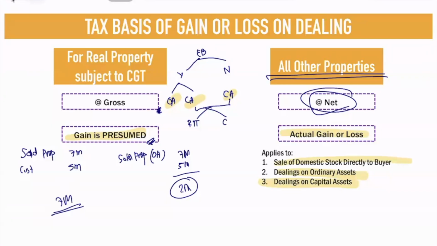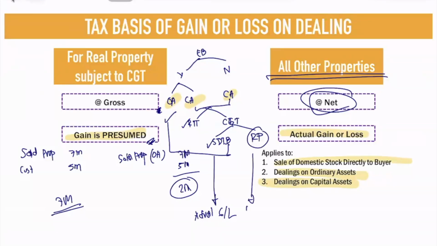Ang laman ng CGT mo ay real property and stock directly to buyer. Pag nanggaling yung dealing sa ordinary asset, capital asset subject to RIT, or stock directly to buyer, we get the actual gain or loss. But if real property yan, we get the presumed gain.